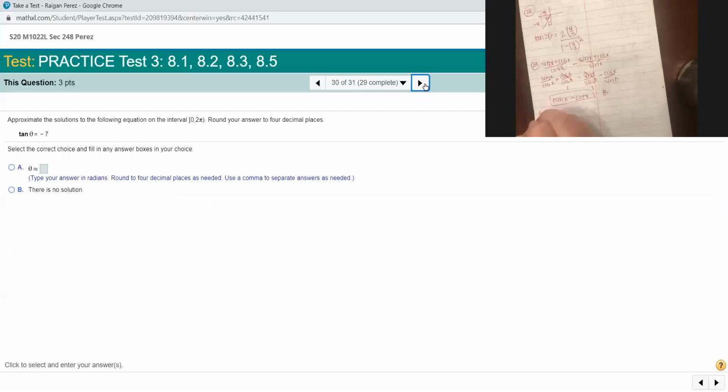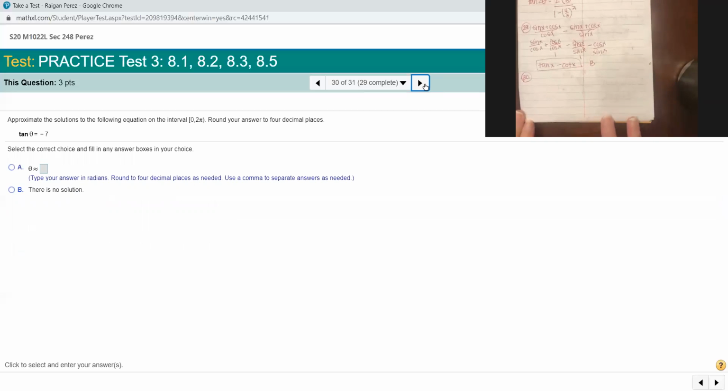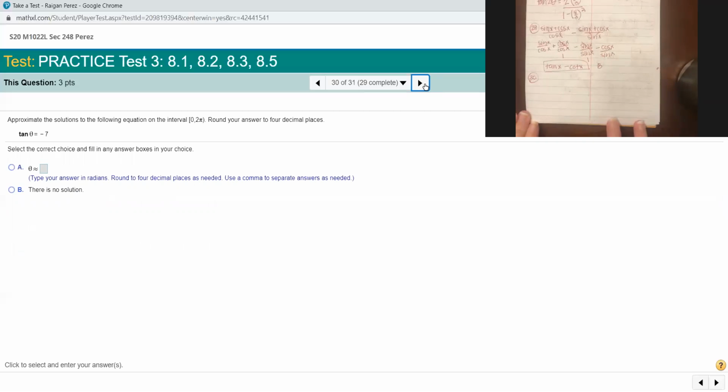Okay, question number 30. Approximate the solution. So when does tangent theta equal -7? So this would be in your calculator.